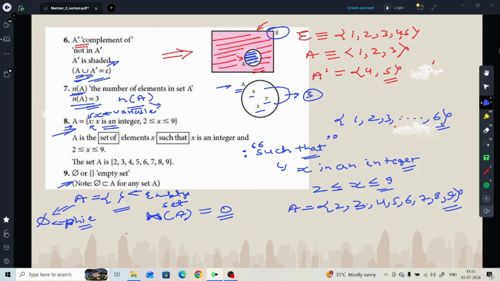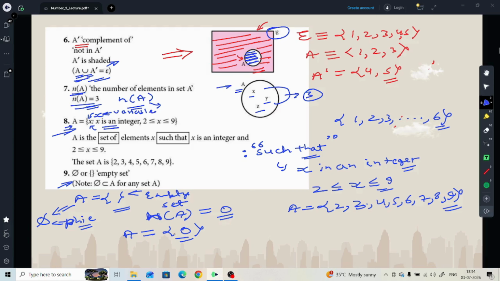Now remember, many people actually get confused with regards to this. Let's say inside this set, if I write 0, does it mean that it is an empty set? No. Remember the basic statement when we started sets: a set is a well-defined collection of objects or elements.